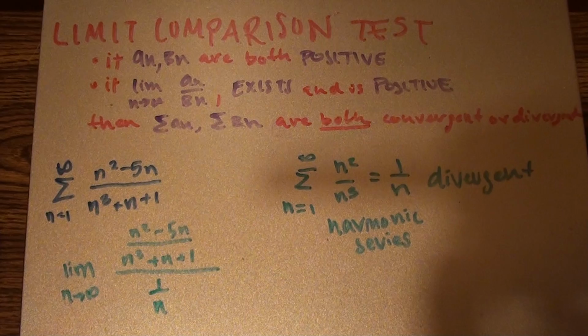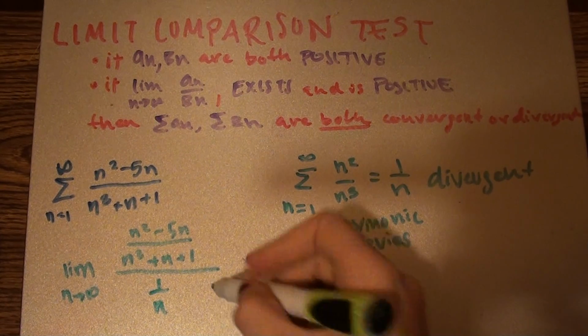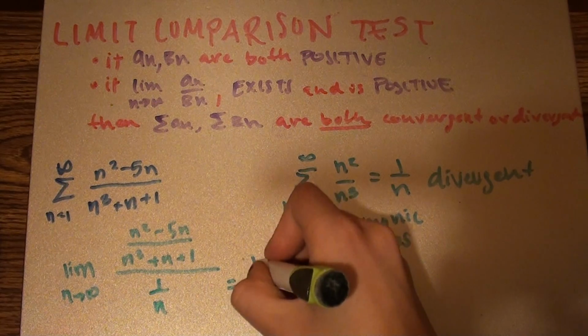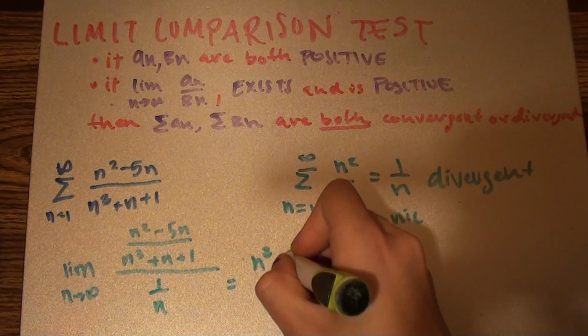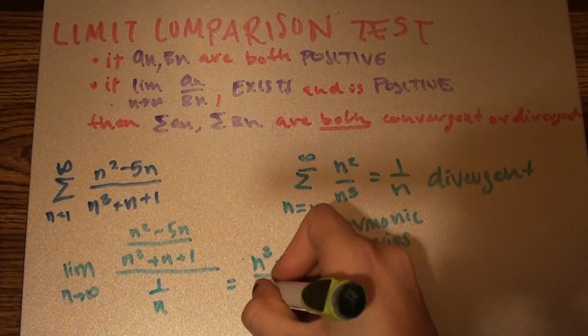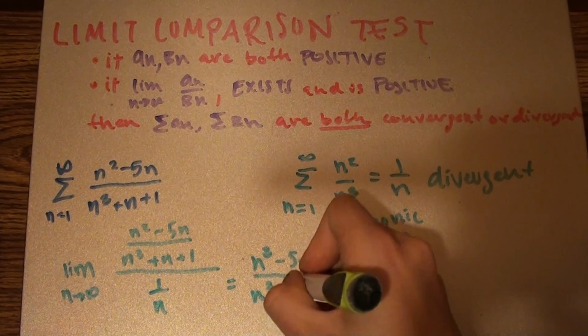To make this a little nicer, we can rewrite this as n cubed minus 5n squared all over n cubed plus n plus 1.